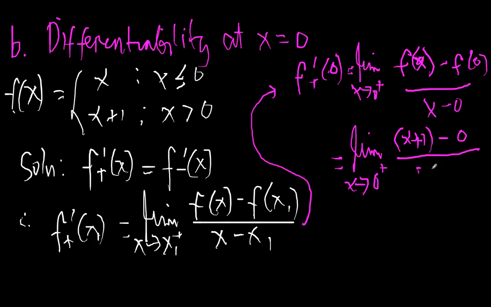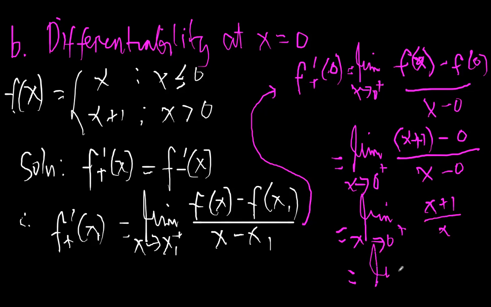So we have x minus 0. So in this case, we have the limit of x plus 1 over x as x approaches 0 from the right. If we simplify this, this is equal to 1 plus 1 over x as x approaches 0 from the right. Okay, and look at this, guys.